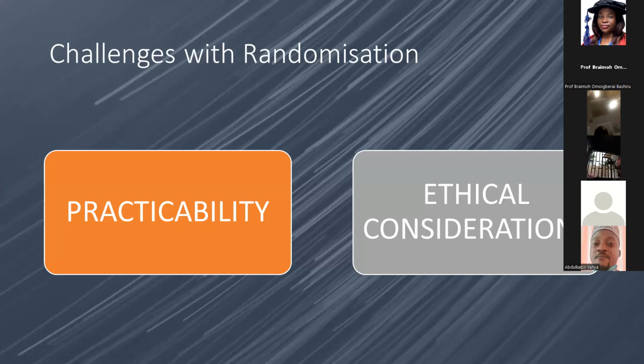It's often not always practical, feasible, or possible to do randomization. It's not always feasible, it's not always practical, it's not always possible. There are some situations where randomization is clearly impossible to do. I'll give a couple of examples.